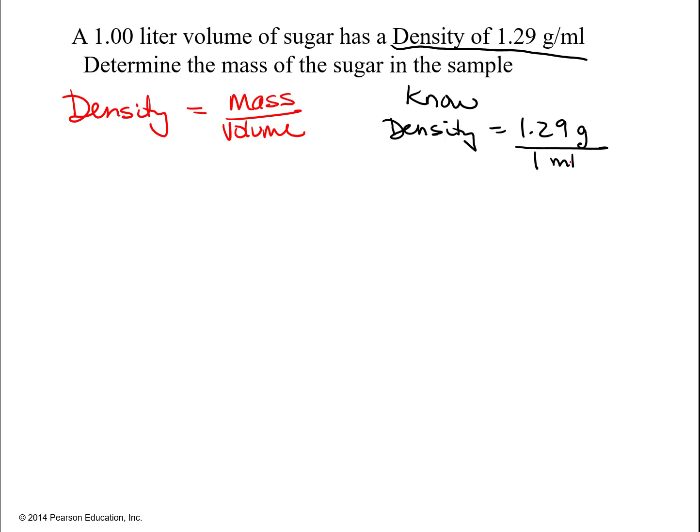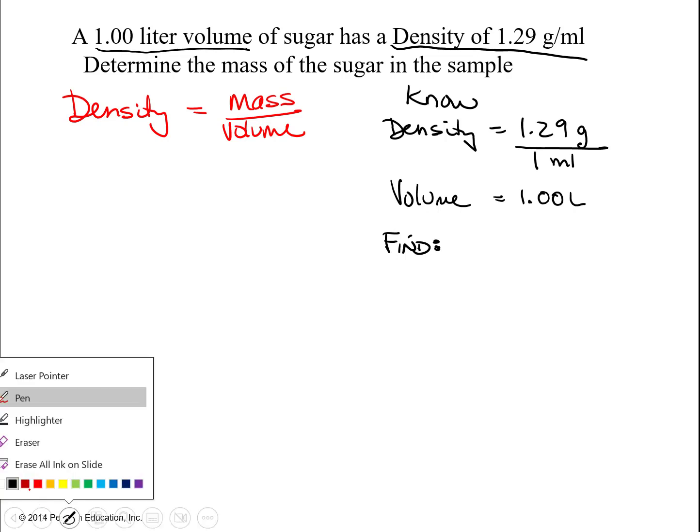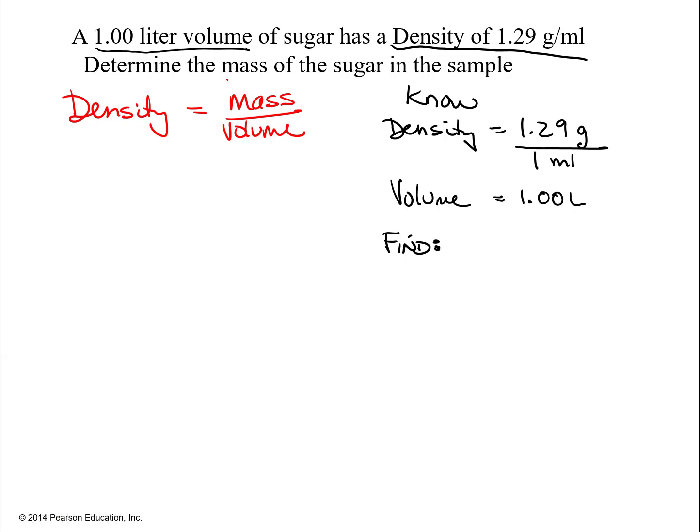What else do I know? I know 1 liter, and that is what? Volume. So I also know volume, and it's 1.00 liters. So now I want to find mass.